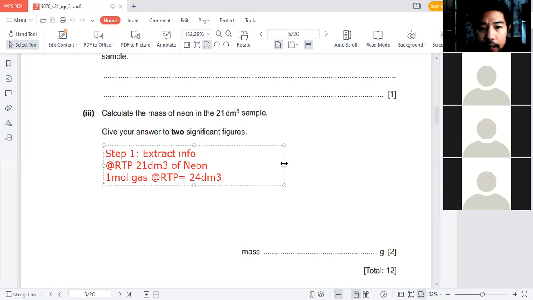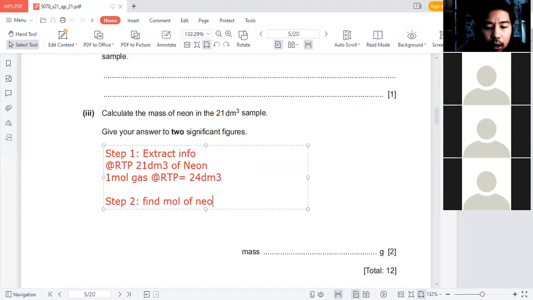Now from there, I can find, step 2, find mole of neon using 1 mole is equal to 24 dm cube.